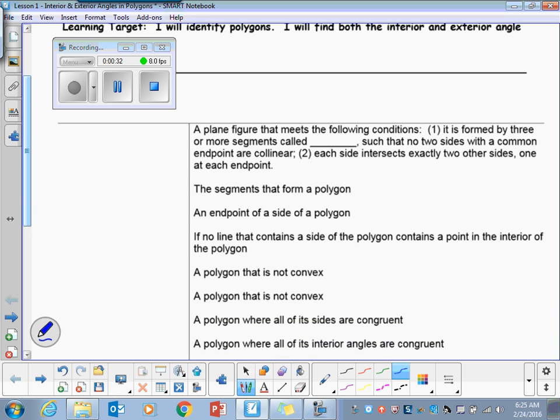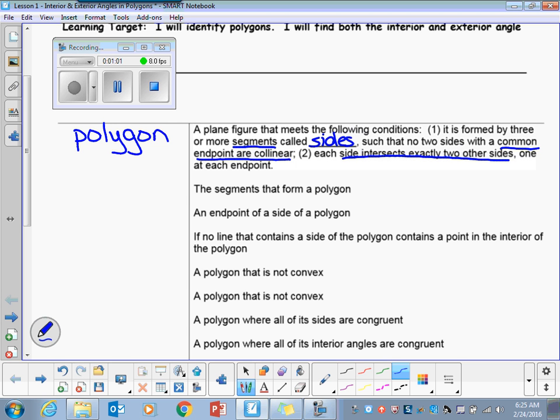To begin with, a polygon is a plane figure, which means it must exist on a plane, that meets the following conditions. It is formed by 3 or more segments called sides. No 2 sides with a common endpoint are collinear. And each side intersects exactly 2 other sides.